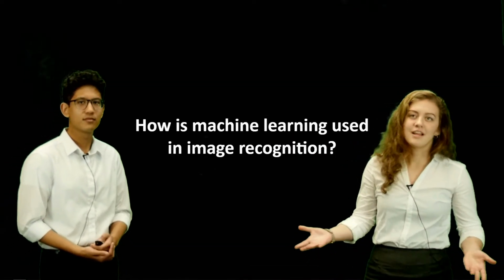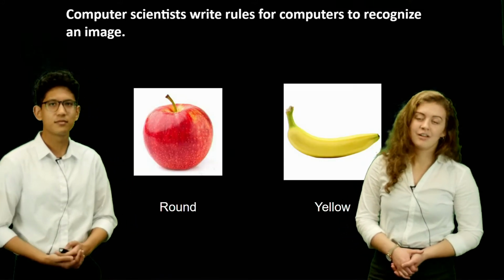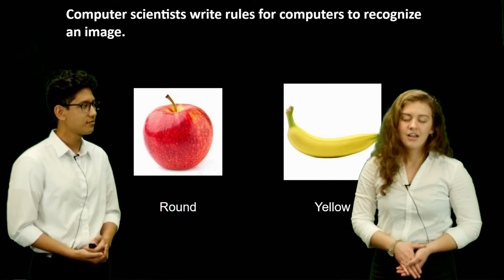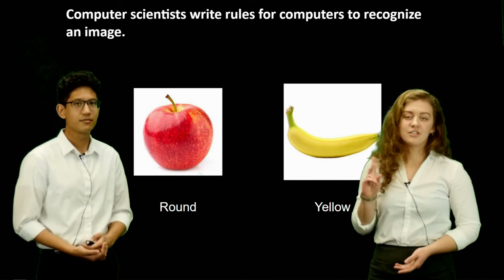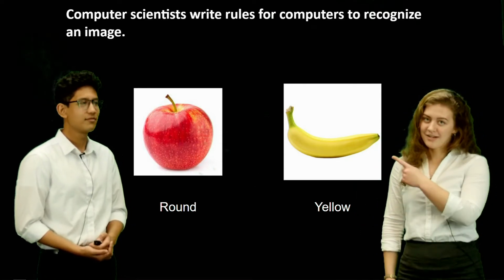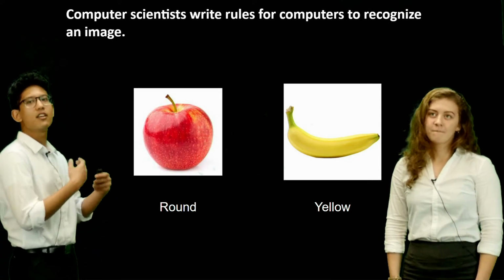So the question posed is, how is machine learning used in image recognition? Let's say you, the audience, are the computer, and we're going to give you two definitions. The first definition is if something is yellow, you're going to recognize it as a banana. And if something is round, you're going to recognize it as an apple.